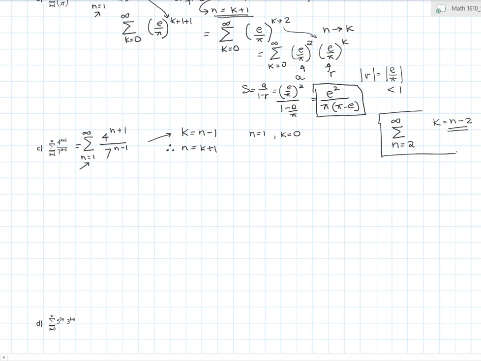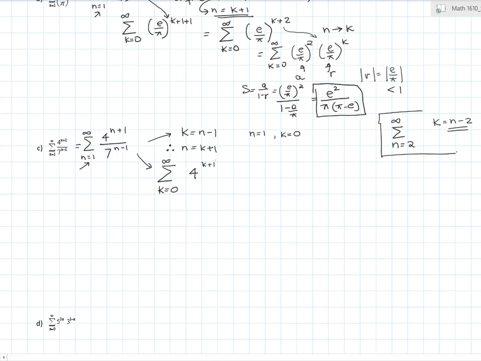Okay, coming back to this example, let's make this substitution, and when we do that, the summation starts from 0 to infinity, and wherever I see n, I'm going to substitute k plus 1 for it.